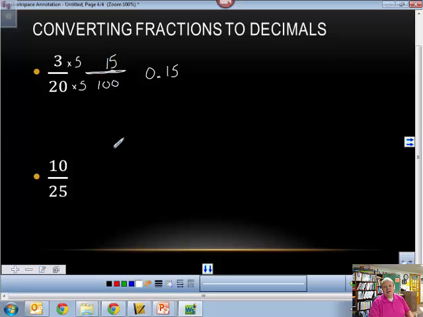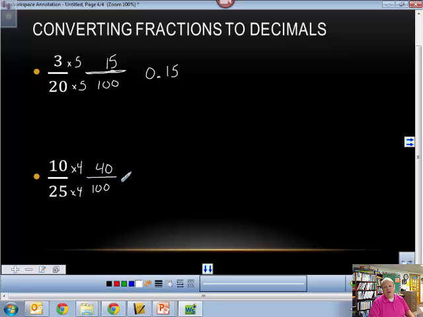Okay, that was pretty easy, correct? Well, let's look at another one. Doing the same thing, I know that I have 4 quarters in $1. And whatever I do to the bottom, I must do to the top.